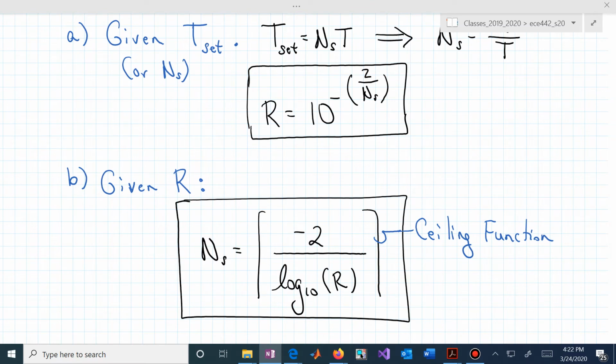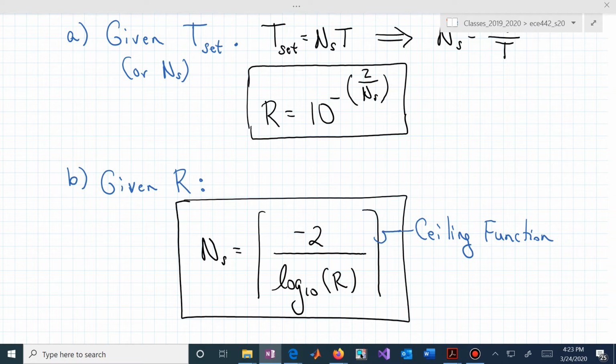Likewise, if somebody says, here are your poles and they're this far away from the origin in the Z-plane, what's my settling time? Well, you can solve for n sub s, and now this is the ceiling function, which corresponds to the smallest integer just above the numerical value inside the ceiling function brackets.